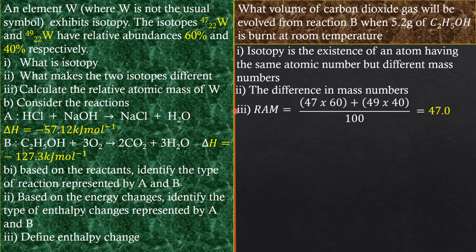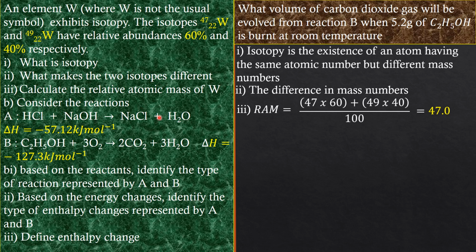Now, friends, the next part says to consider the reactions. We have HCl plus sodium hydroxide giving sodium chloride plus water, with an enthalpy change. Part B says that based on the reactants, identify the type of reaction represented by A and B. For reaction A, we see an acid, HCl, reacting with an alkali to give salt and water.